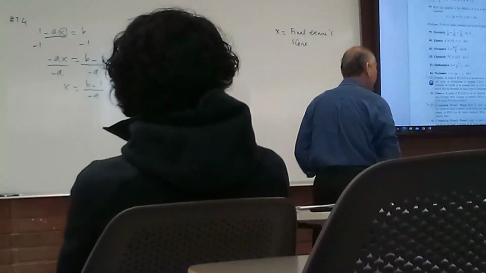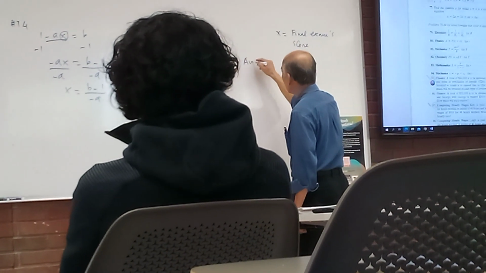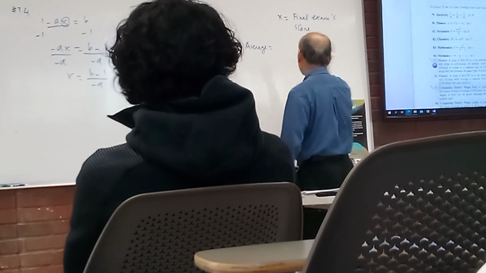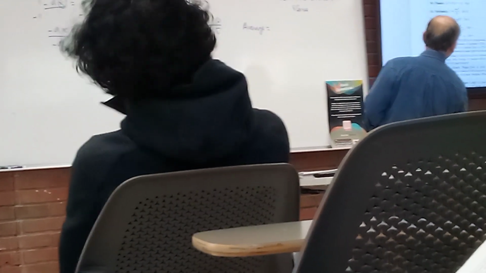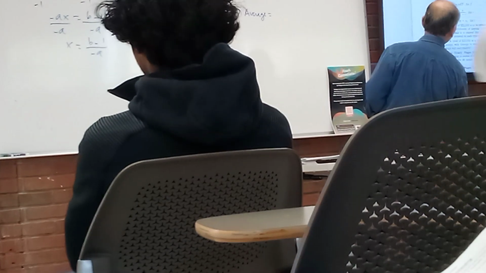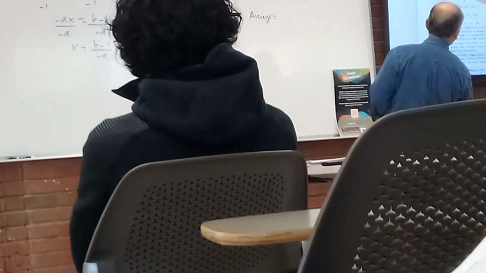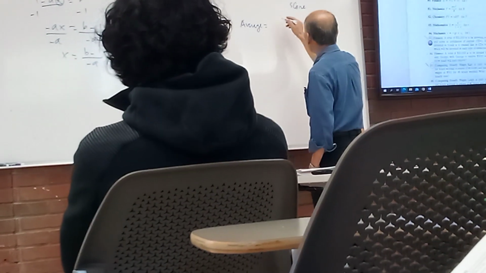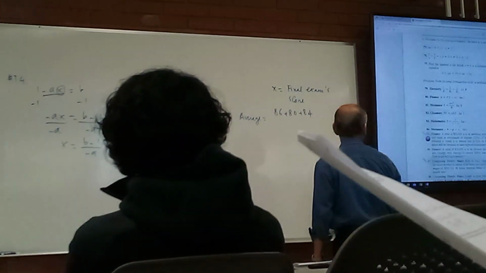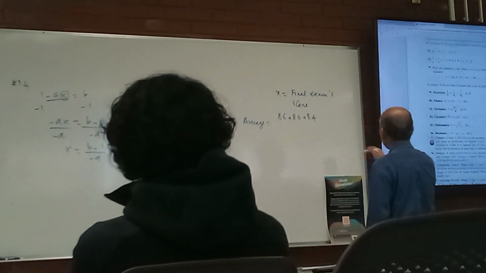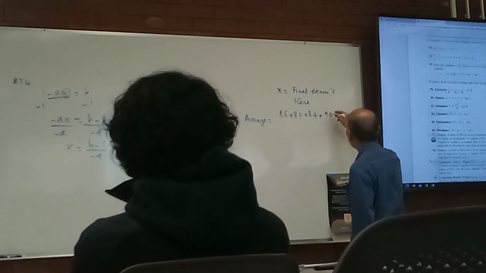And set up the average. Let's write it out small. I have the test scores of 86, 80, 84, and 90, plus the final exam.